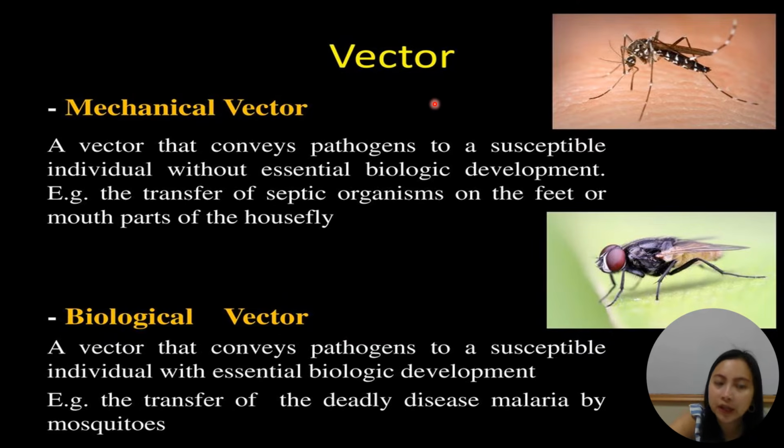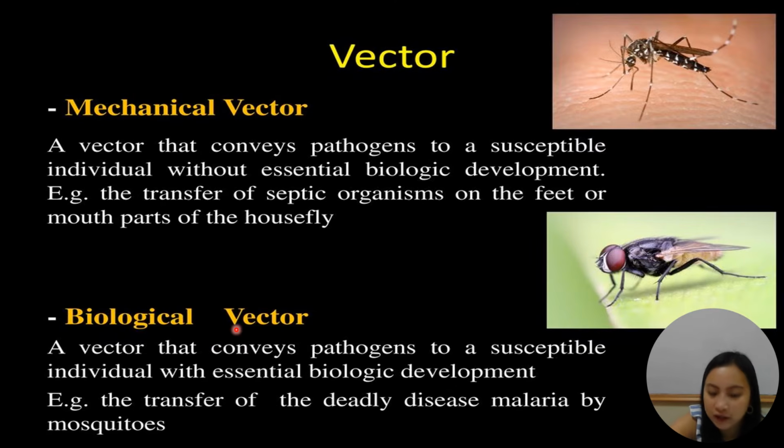A biologic or biological vector transmits the parasite only after the parasite has completed its development within the body of the host. Okay? It can only transmit once its maturity has been reached.